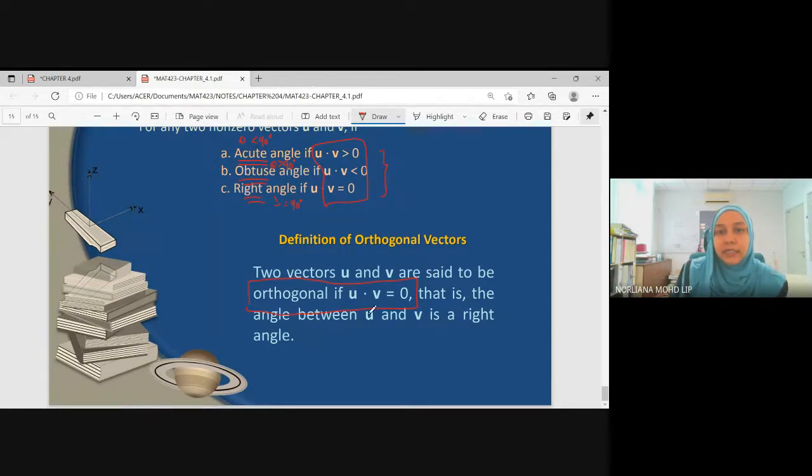That is, the angle between U and V is a right angle, which is 90 degrees. We call this orthogonal.